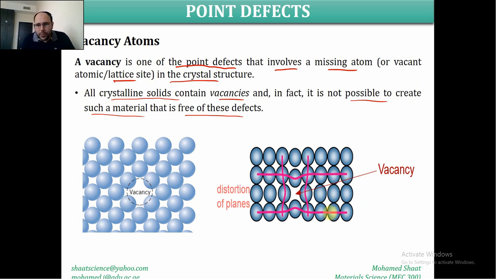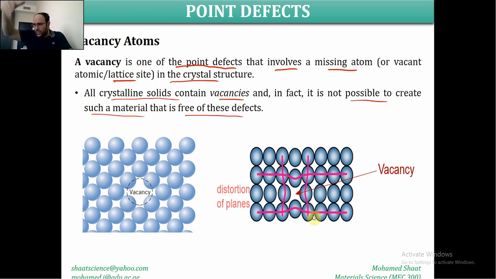What is the problem? The problem is that because there is no atom here, or this atom has been removed from this ideal crystal structure, this crystal structure will be distorted. Distorted how? For example, this atom will come close to the other atom. This will result in a distortion in the plane. If the atom is already there, this plane will remain straight, this plane of atoms will be straight.